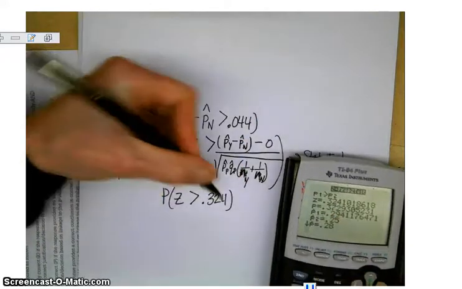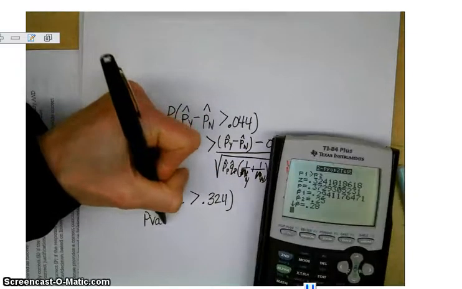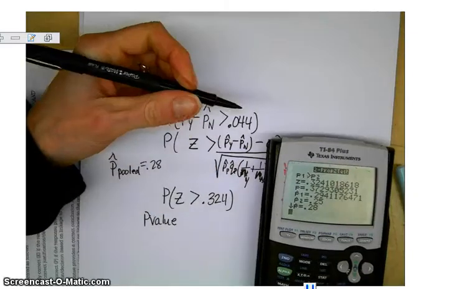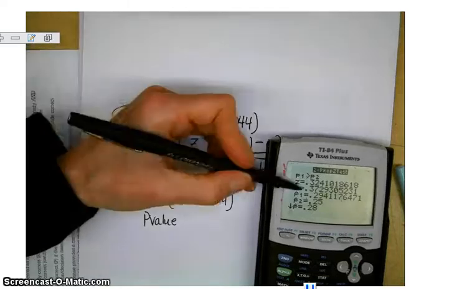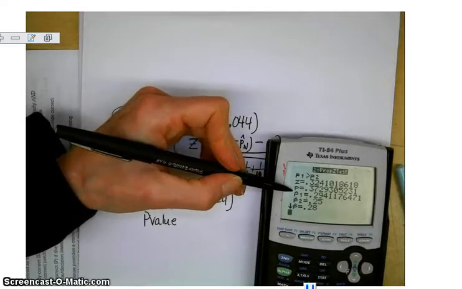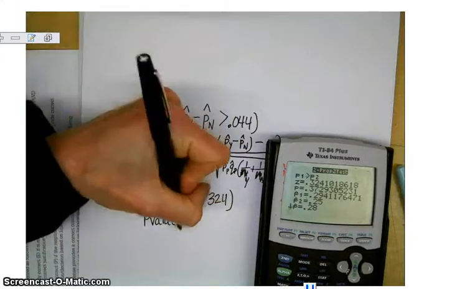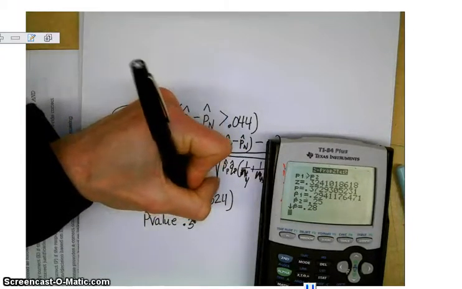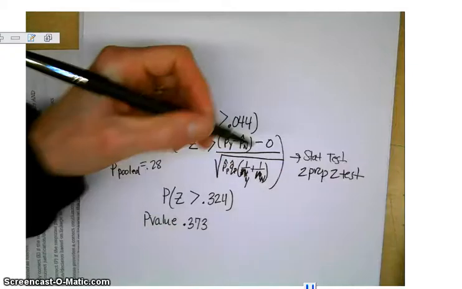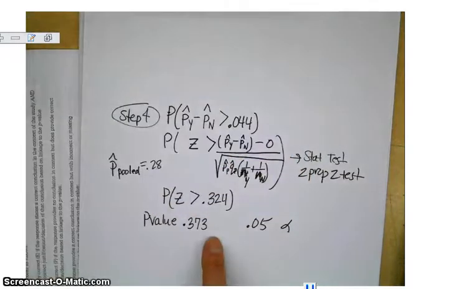And then you get your p-value. What's your p-value here? The one that just says p below the z is the probability that I was trying to find up here. So that is 0.373. And then I want to compare that to my alpha level of 0.05. How does that compare?